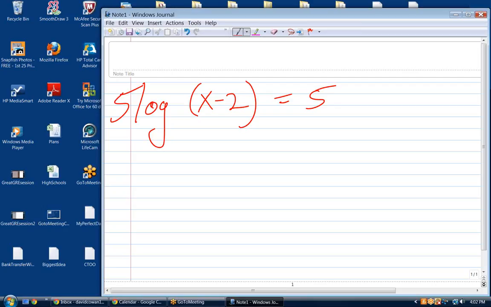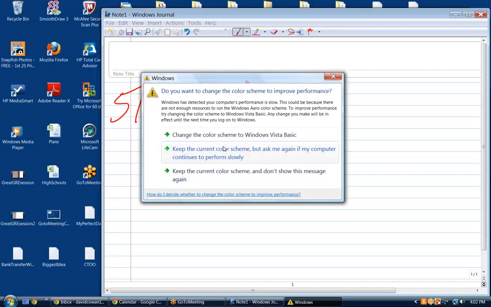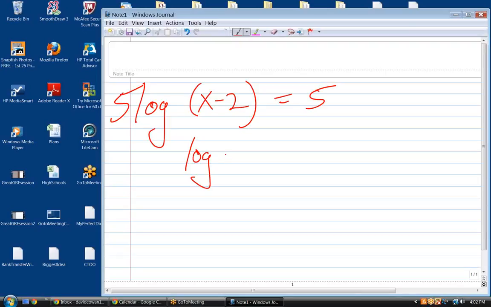Wouldn't you just kind of take the 5 log and put it on the other side, so it'd be 5 to the 5th power equals x minus 2? Well, that's not really what we want to do as the first step.